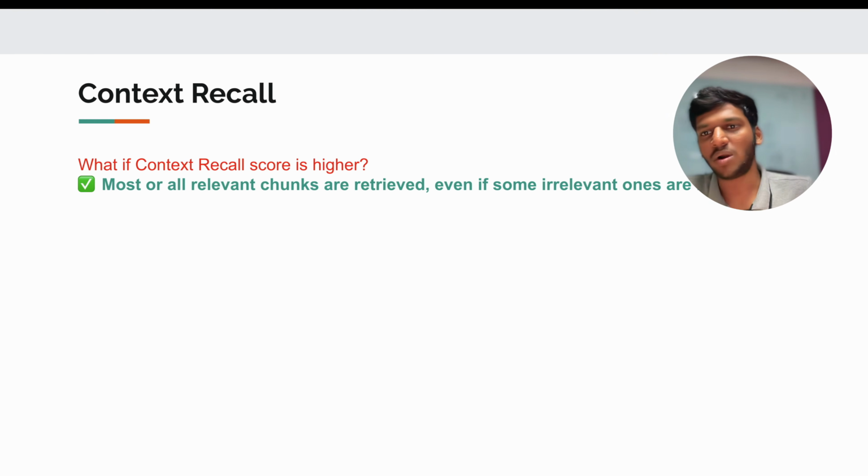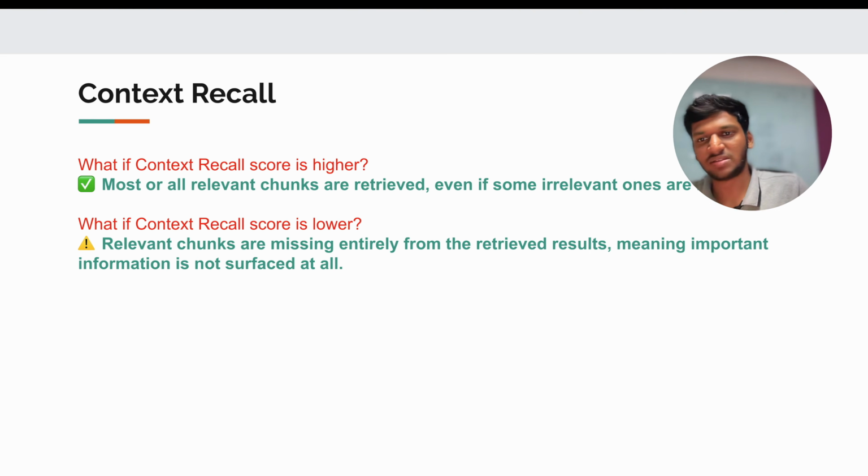Context recall, what if the score is higher? Most of the relevant chunks are retrieved, even if some irrelevant chunks are included. If the score is higher, then most of the relevant chunks have been retrieved for us. What if the score is lower? The relevant chunks are missing entirely from the retrieved results, meaning important information is not surfaced at all.